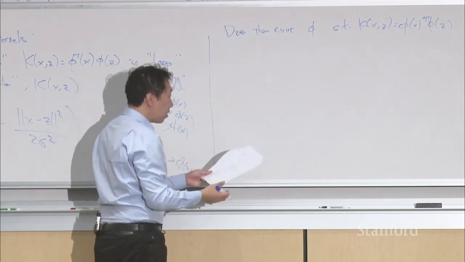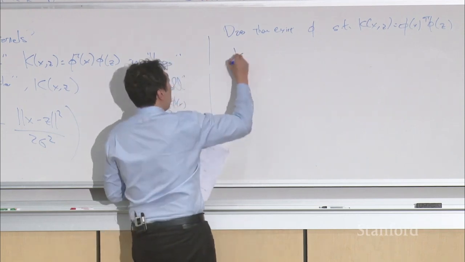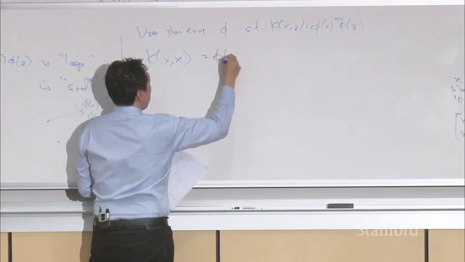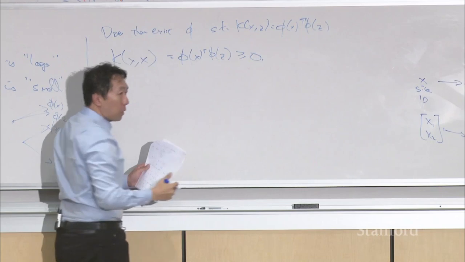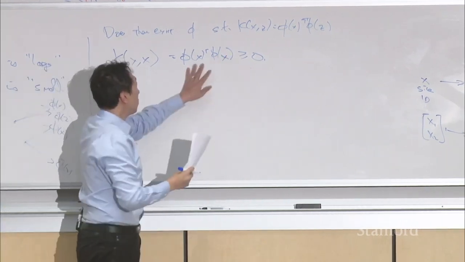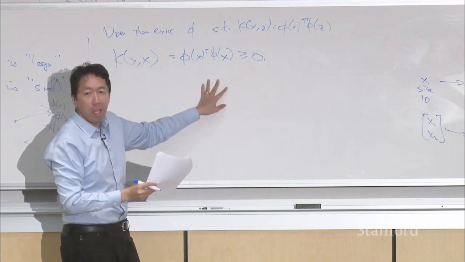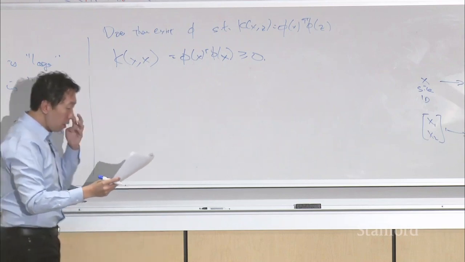And so this puts some constraints on what kernel functions we could choose. For example, one thing it must satisfy is k of x,x, which is phi of x transpose phi of x, had better be greater than or equal to 0, because the inner product of a vector with itself had better be non-negative. So if k of x,x is ever less than 0, then this is not a valid kernel function.